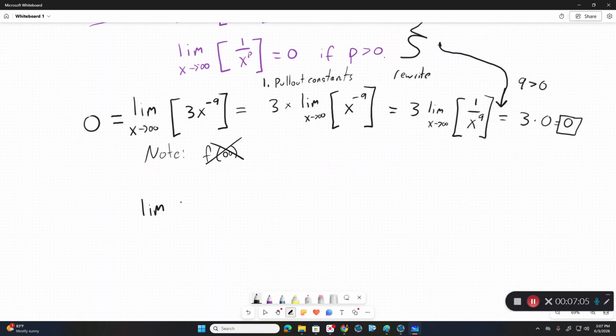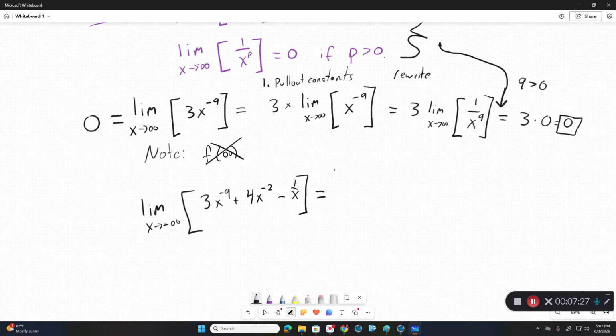Let's go to example 2. Let's do the limit as x approaches negative infinity of 3x to the negative 9 plus 4x to the negative 2 minus 1 over x. Okay?